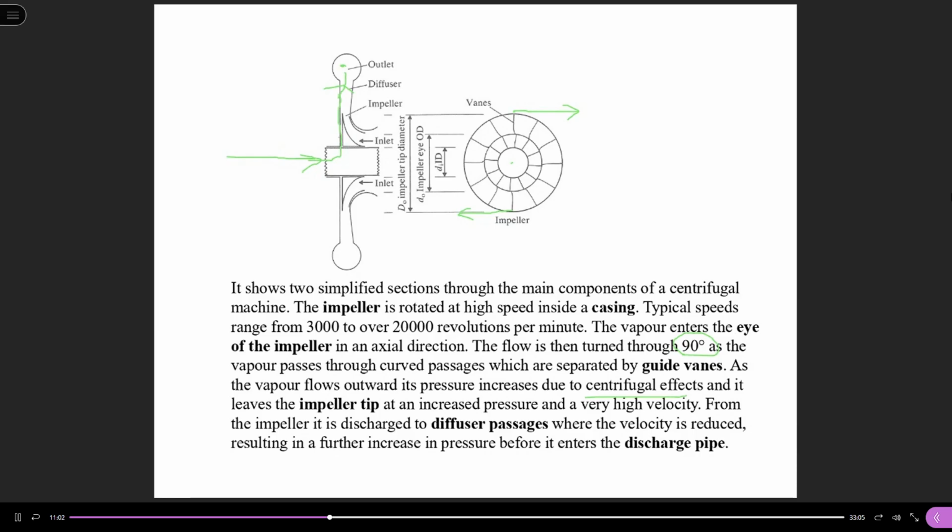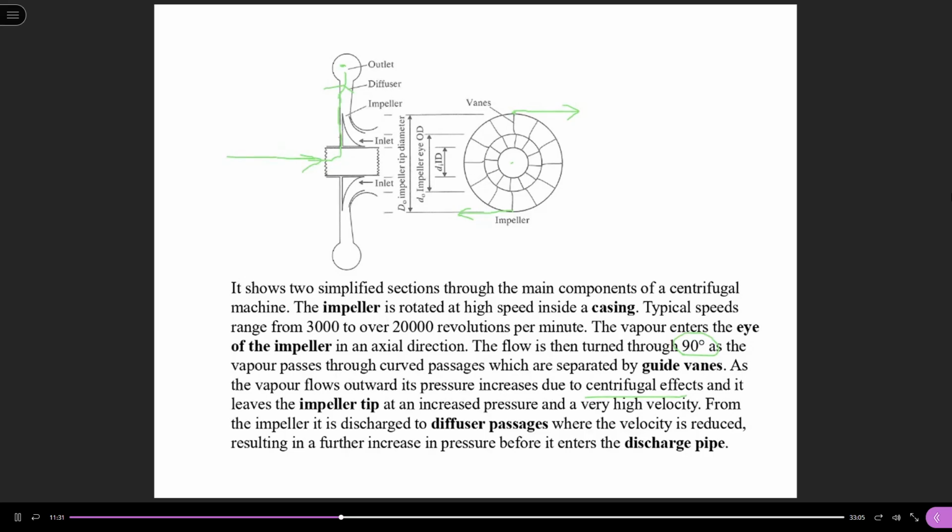So we understand the flow enters the eye of the impeller, then turns through 90 degrees, and due to the centrifugal effects it leaves the impeller tip at an increased pressure and very high speed.